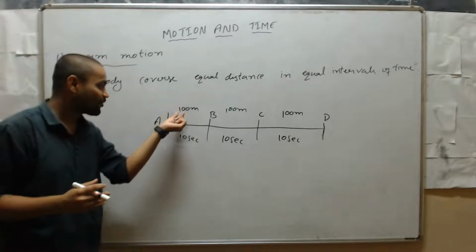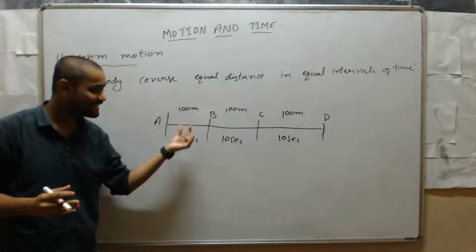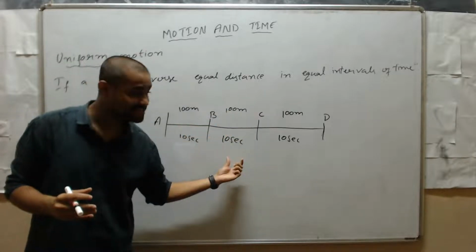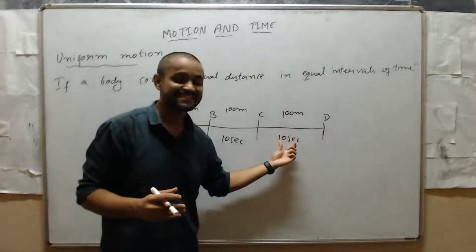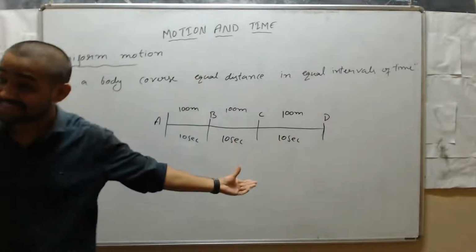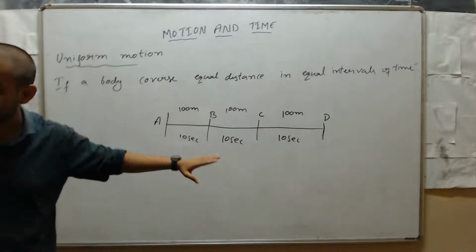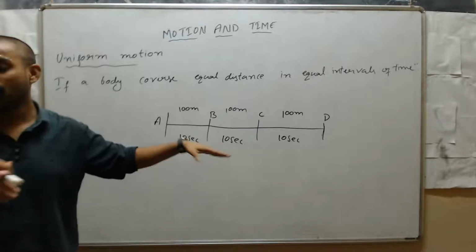Here from A to B it is 100 meters, it takes 10 seconds. From B to C it is 100 meters, it takes 10 seconds only. From C to D the distance is 100 meters and it takes 10 seconds only. Then the car is said to be in uniform motion, students. Is it clear? Yes.